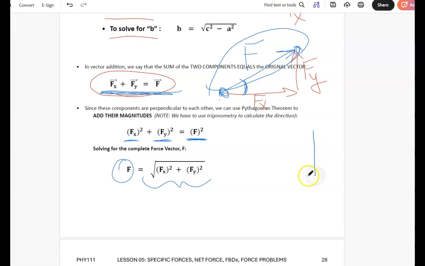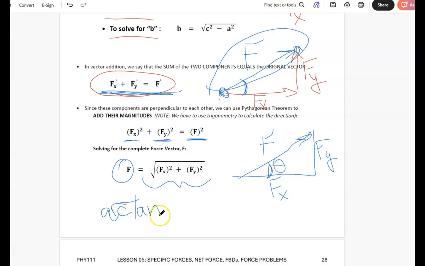I will quickly tell you that to get that angle, if you know the length of the vertical force and the length of the horizontal force, this angle can be solved with a trigonometry expression that we haven't talked about called the arctangent, also known as the inverse tangent, which is written like this.